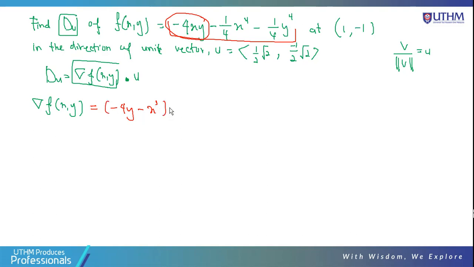So equal to i plus j, with respect to y, so you get negative 4x. With respect to y, you will get negative y to the power of 3. So this one represents j. After you settle this first, then you need the dot product with the unit vector, so you get the answer.